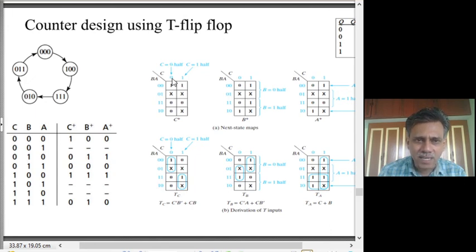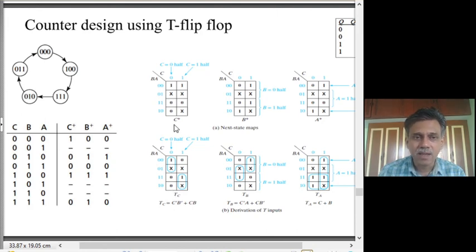Similarly, when C is equal to 0 and C plus is 0, the flip-flop does not toggle. Therefore, TC has to be 0 because it doesn't toggle. So this has to be 0. Similarly, for the last entry, C is 0, C plus is 0, and therefore TC has to be 0.